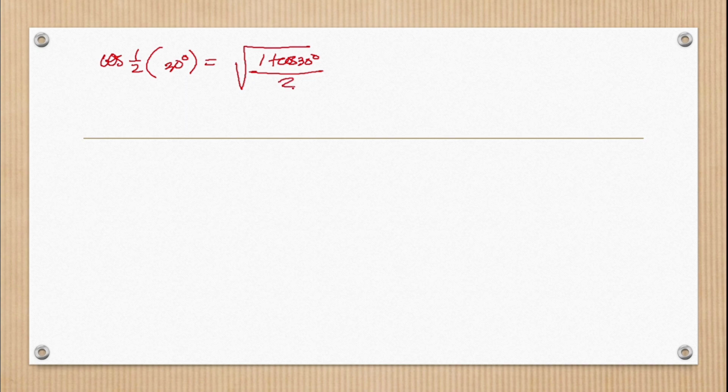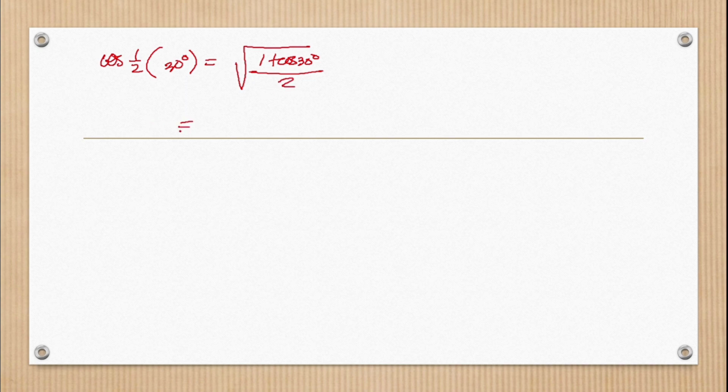So now in the problem, we have here cosine 1/2 of 30 degrees is equal to the square root of 1 plus cosine 30 degrees over 2.